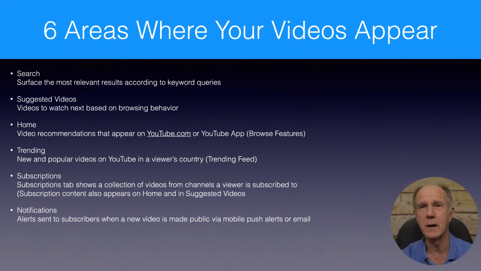When they took that away, mostly I just make a list of the videos I want to see from particular subscribers, and I'll keep an eye out for that in my subscriptions feed on the home screen. And probably about 10 channels that I generally watch. So those are 6 key areas where your videos will appear on YouTube.